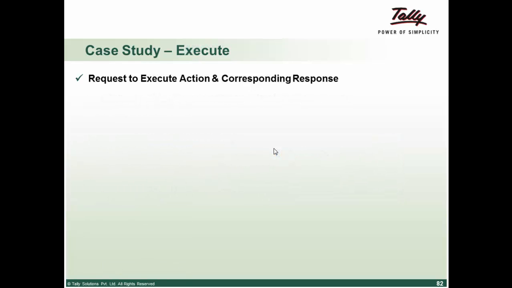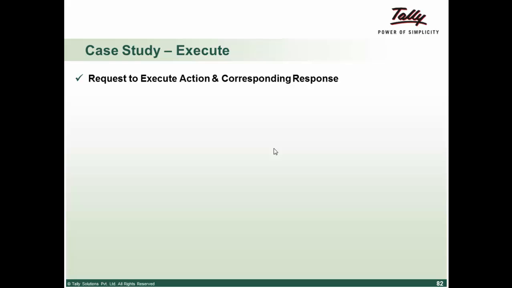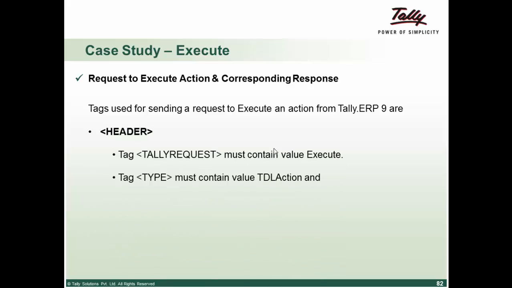Then importing of vouchers, very simple. And request action, execute action. As we discussed, tags was sending a request to execute an action from Tally.ERP 9. The Tally request should be execute.